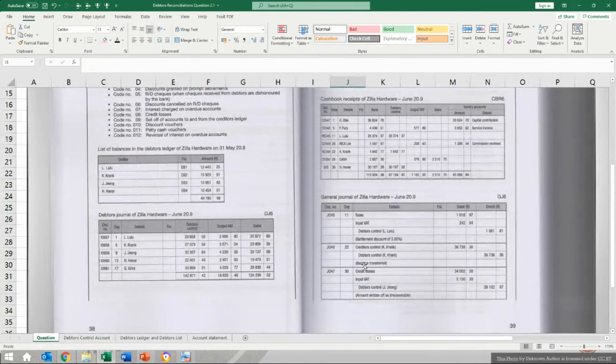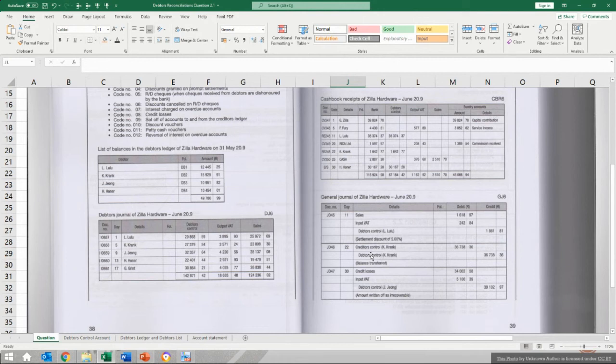Then the next entry, they transferred an account from creditors control to debtors control. Now that sometimes happens where I've overpaid a creditor, or I have bought something and then returned it and already made a payment for the outstanding account. So now my account is actually a positive on my side.